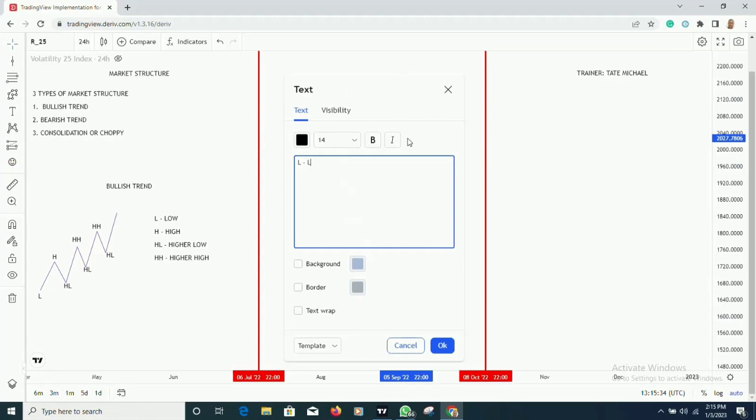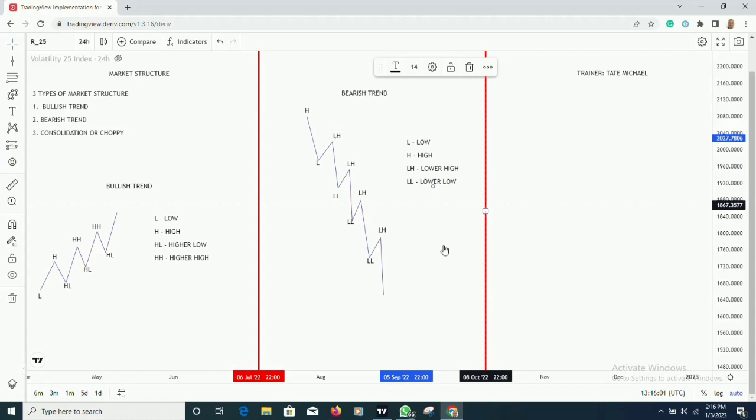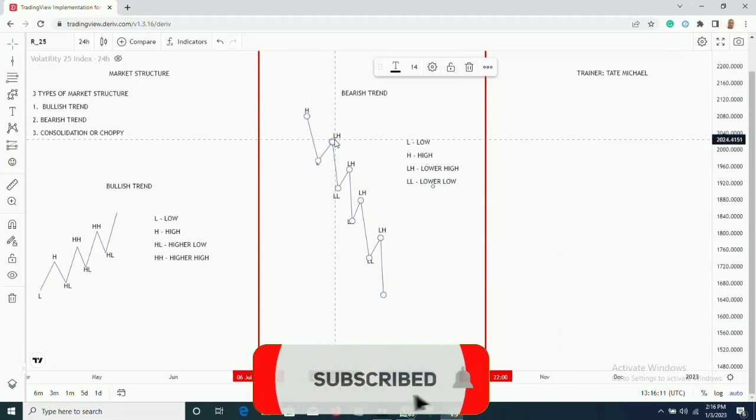So L is low, H of course is high, LH is lower high, LL is lower low. So basically that is that.